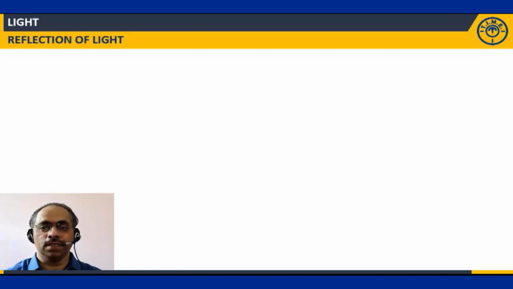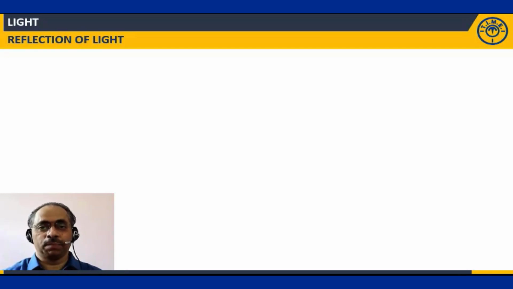In the case of the laws of reflection, we have discussed that the angle of incidence is equal to the angle of reflection, and the reflected ray, the incident ray, and the normal at the point of incidence all lie in the same plane. We also have discussed the uses of plane mirrors.